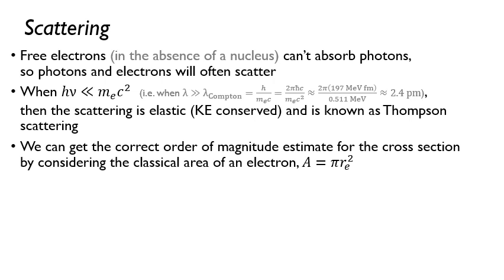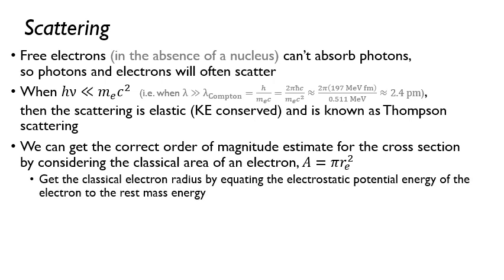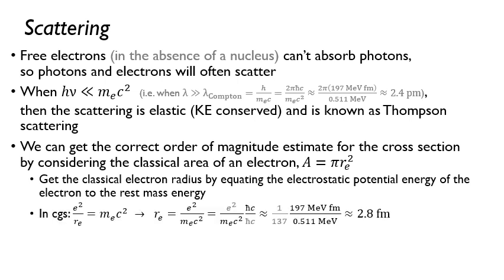So we're going to just calculate the classical area of an electron as pi times the classical electron radius squared. The way that classical electron radius is calculated is you equate the electrostatic potential energy to the rest mass energy of the electron. So you say all that energy there in the rest mass is due to the electrostatic force, which isn't true, but you can do the classical calculation.